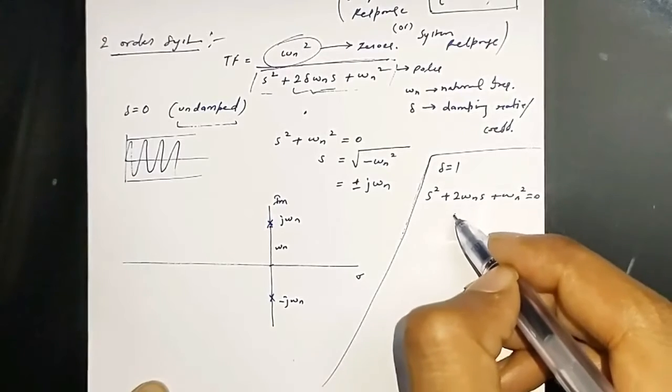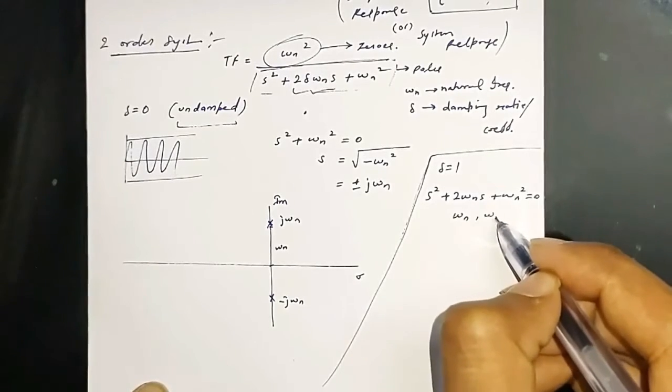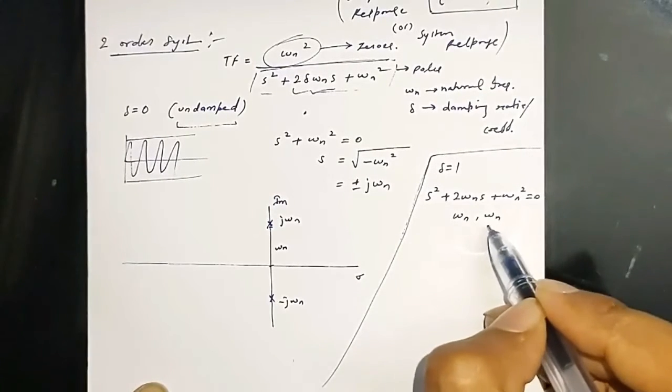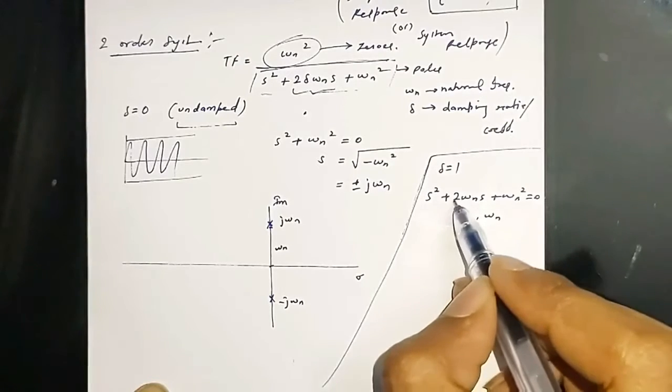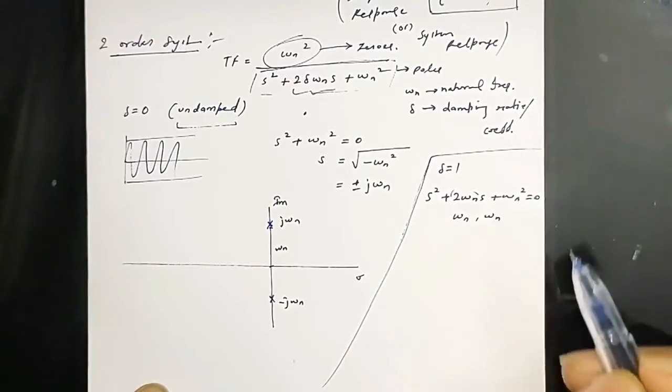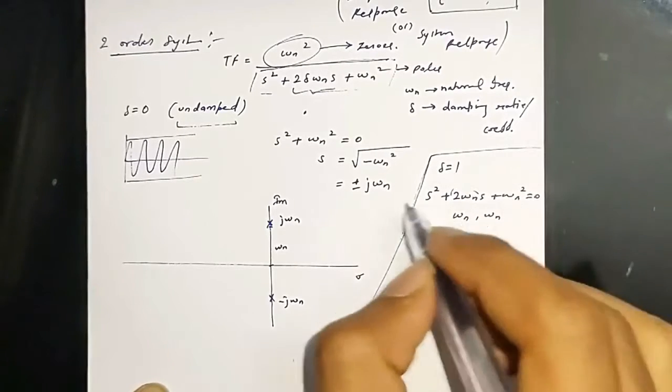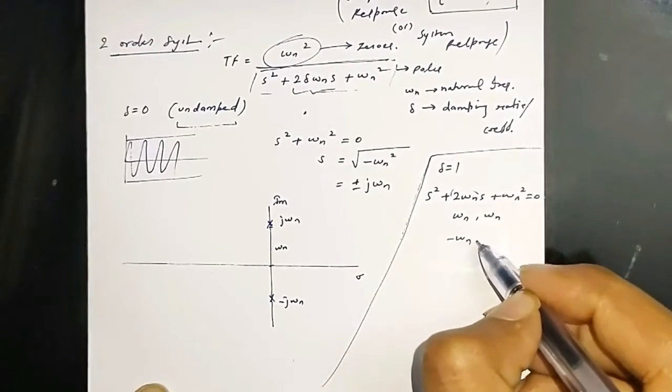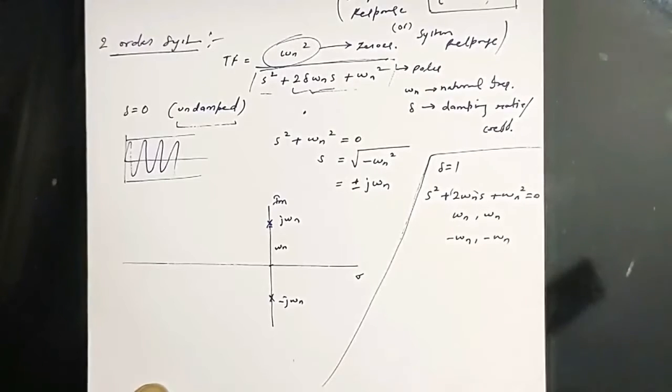So omega n and omega n, when we add omega n and omega n we get 2 omega n, and when we multiply these two we get omega n square. So the roots of this equation are going to be minus omega n and minus omega n.